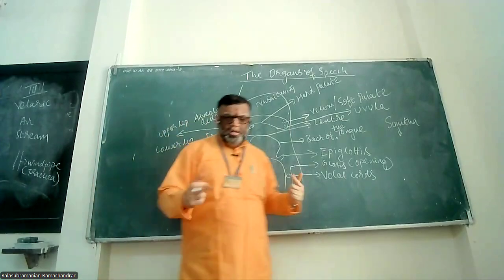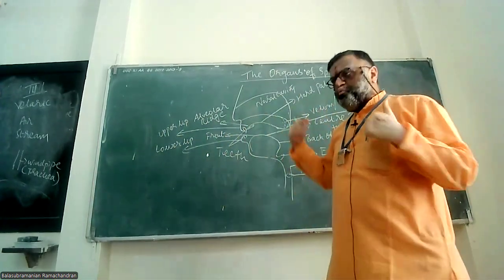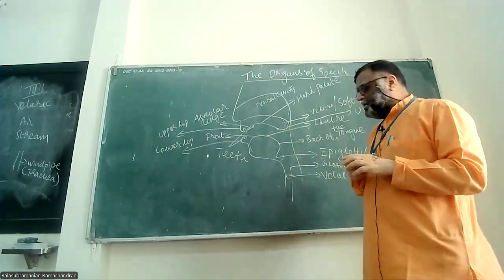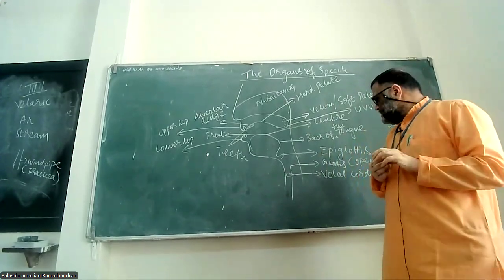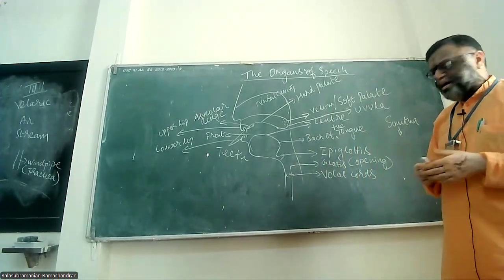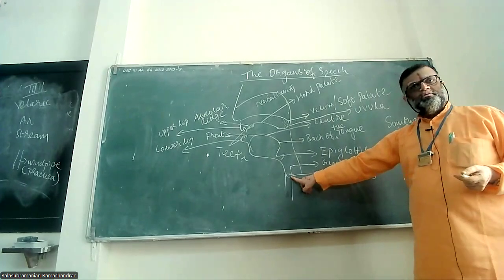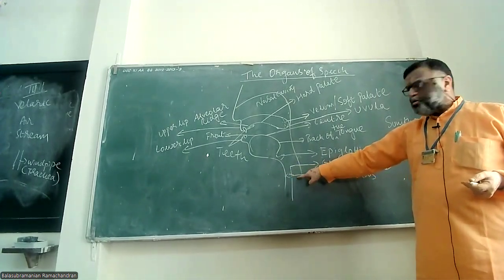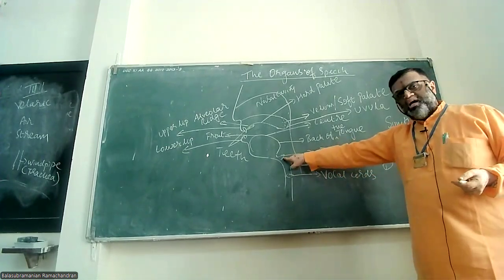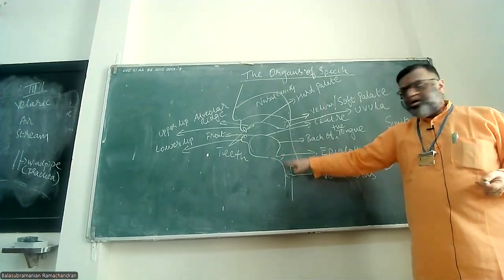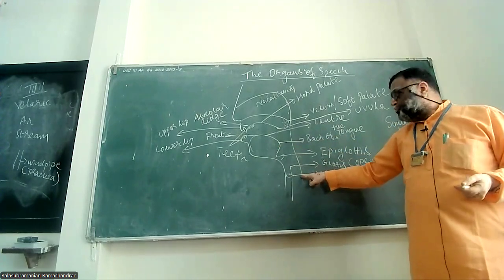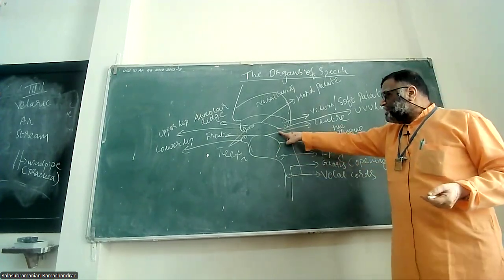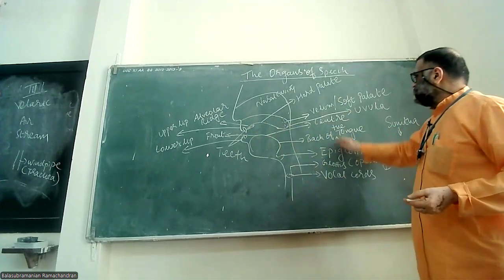Before we say goodbye to this particular class, we started with the vocal cords, which are responsible for voicing. Glottis, which is the opening between the vocal cords. Epiglottis, which helps to cover the vocal cords when you swallow food. Then we have the back of the tongue, center of the tongue, front of the tongue.